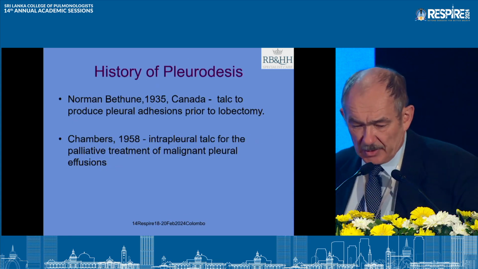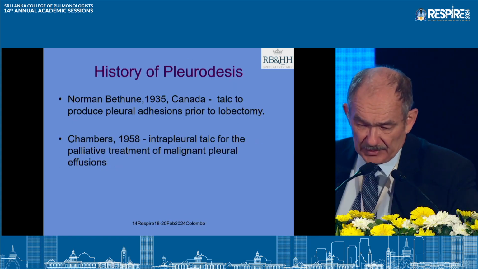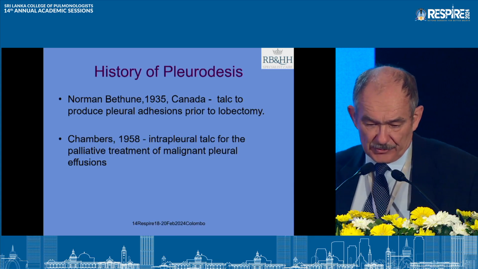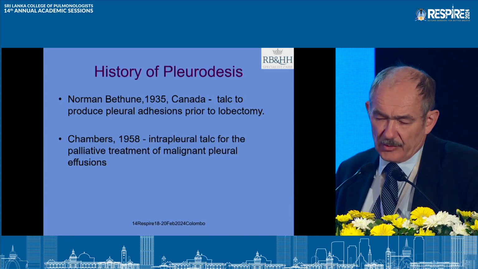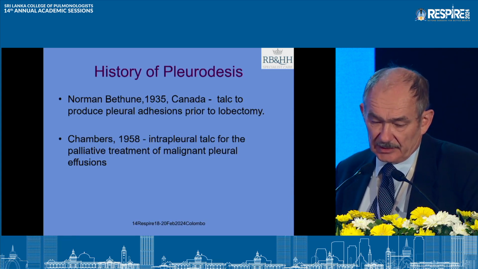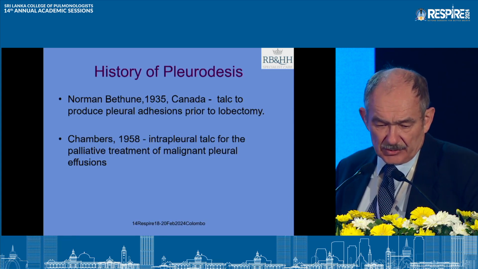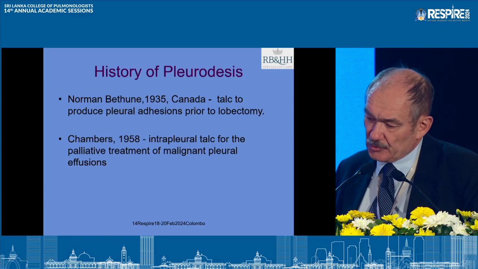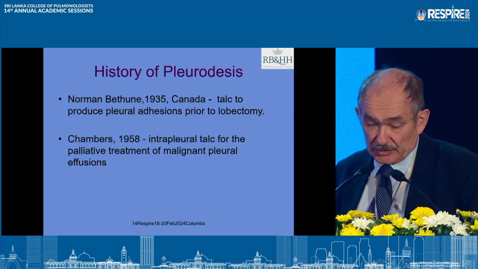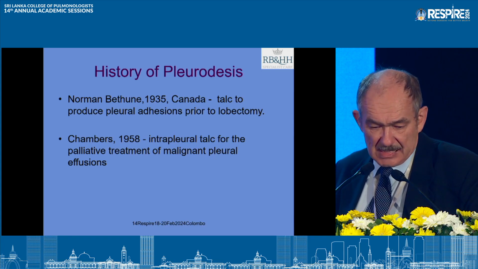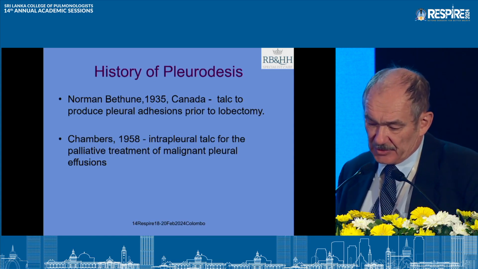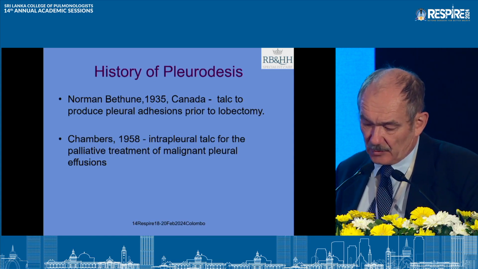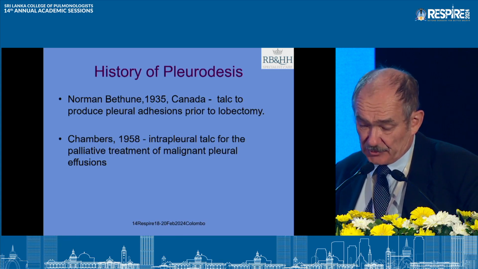Now I'm going to talk about pleurodesis, because it's a part of our investigation and our procedures. You can see that surgical thought can go in a very twisted and interesting way. In 1935, when the double lumen tube and tracheal tube were not even invented, people used talc to produce adhesions in the chest prior to a lobectomy, because the patient had to be ventilated himself or with a simple mask at the time of the procedure.